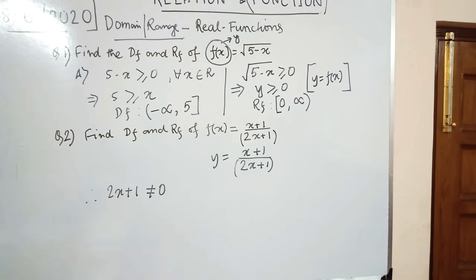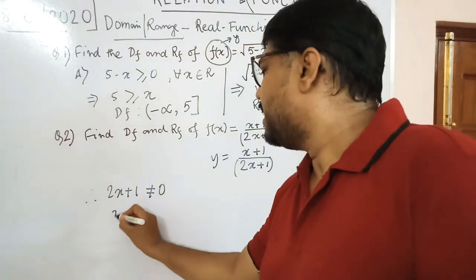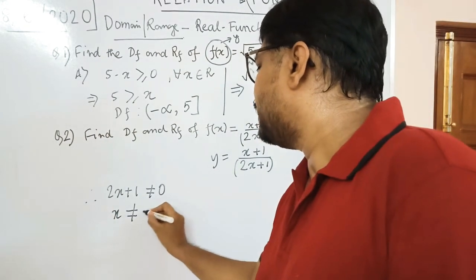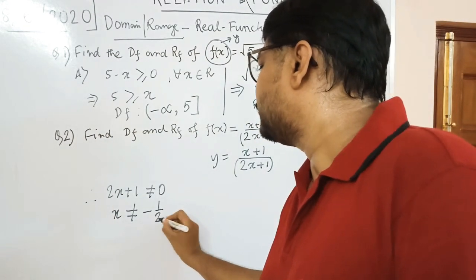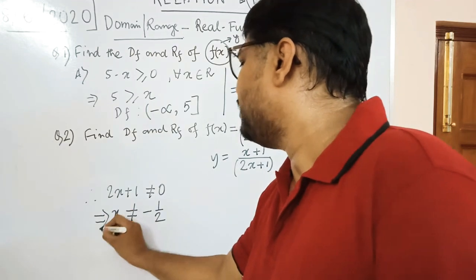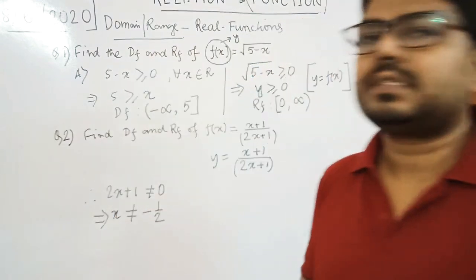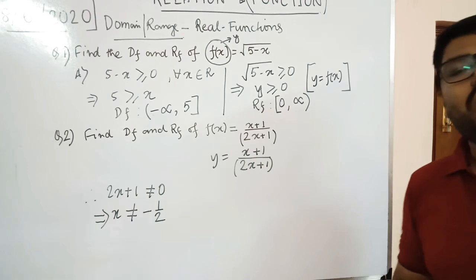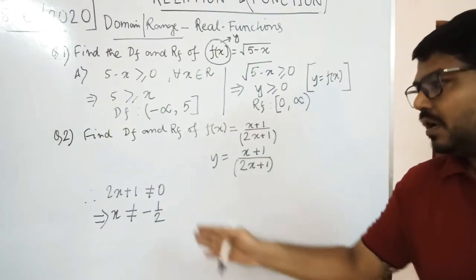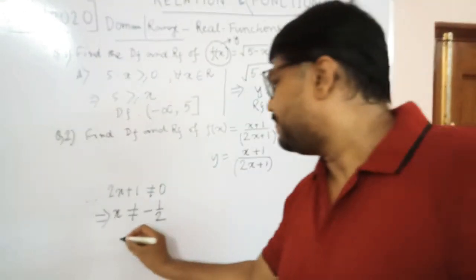That means x is not equal to minus half. I hope you have understood this. That means x can take all possible real values except this minus half.